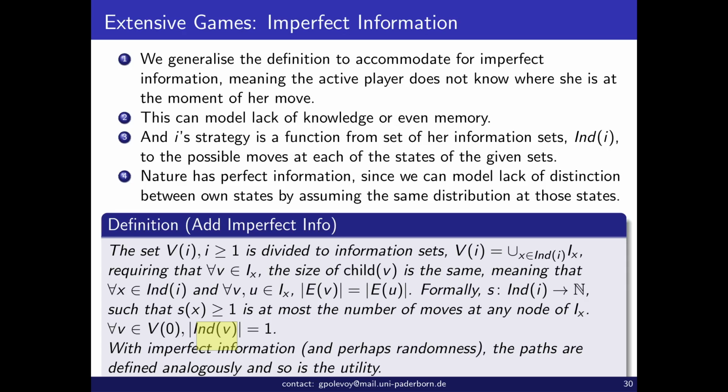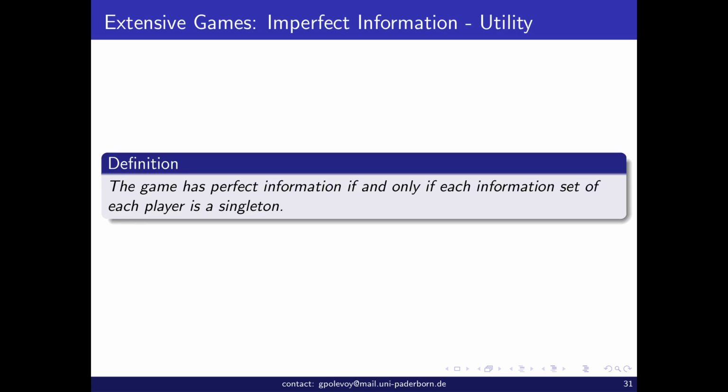Now with imperfect information, and maybe also randomness, we can define paths in the same way as we defined before, and then the utility is the expected value over the path if you have randomness. Please notice that perfect information means that each information set of a player is a singleton. So no player has ambiguity about what happens.